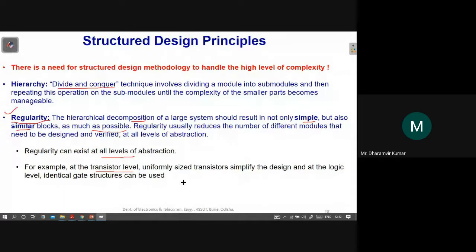So we should focus on using uniformly sized transistors at the device level, circuit level, and at the logic level we should concentrate on using identical gate structures. So the funda is to use simpler and similar blocks whenever we are decomposing a large system into smaller ones.